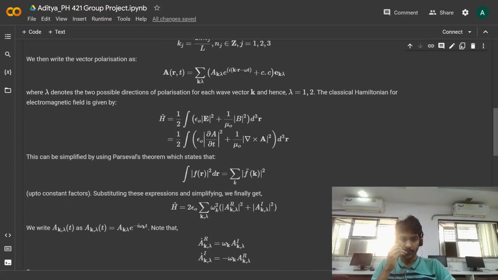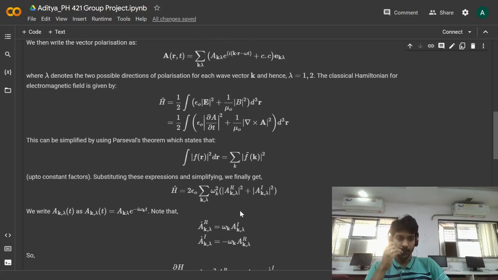Once we make these substitutions and simplify, we finally get the Hamiltonian as 2ε₀ times the summation over k, λ of ω_k² |a|². We can split |a|² as the real part squared plus the imaginary part squared.